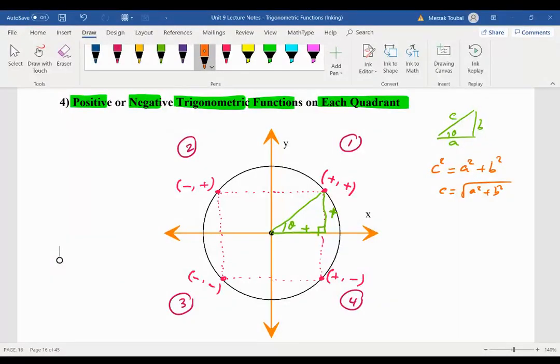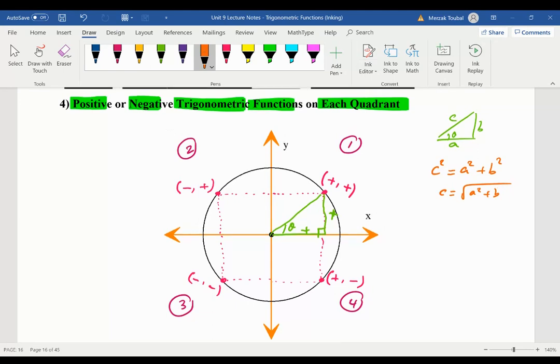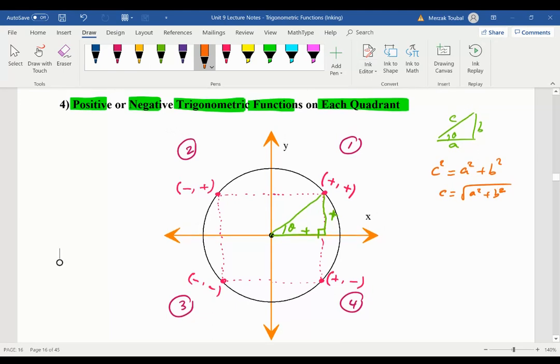Now a squared is positive because any number squared is positive. B squared is also positive because any number squared is positive. A positive number plus another positive number must be positive. And when we take the square root of a positive number, the answer will be positive. So therefore C will always be positive.